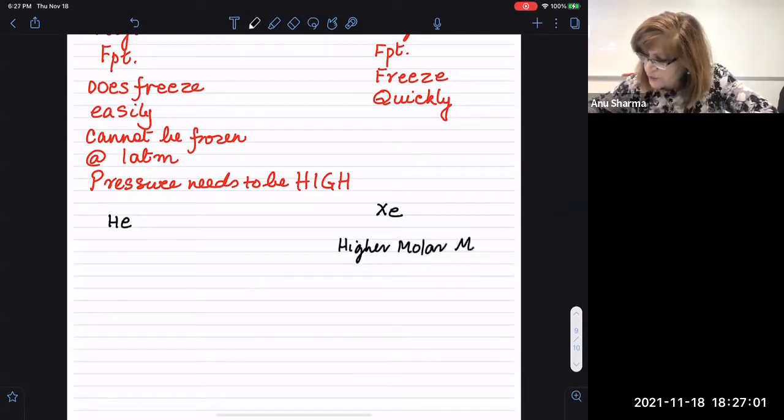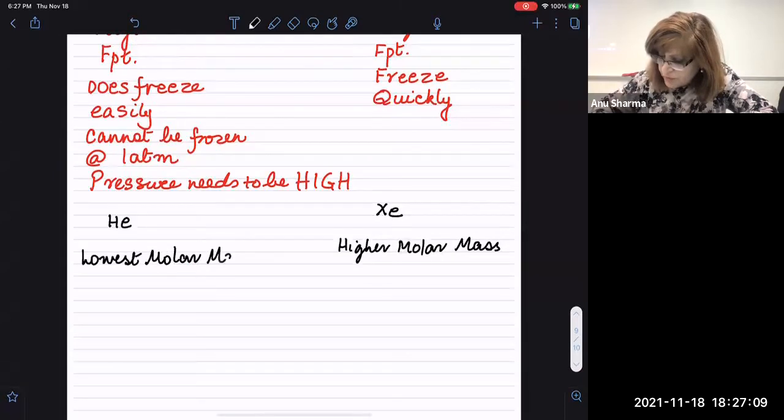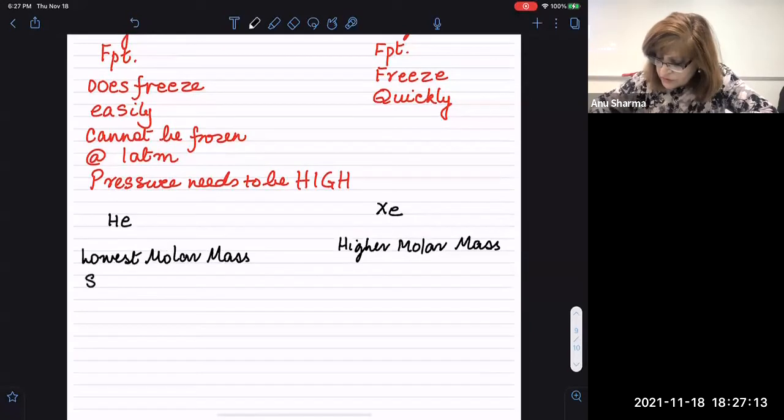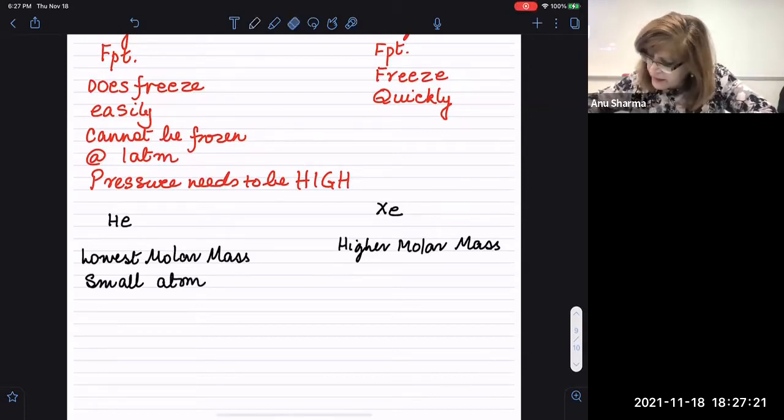Higher molar mass means what? Heavier. Helium is the lowest molar mass. So when we talk about molar mass, we say this is a small atom. And xenon, in comparison, is a big atom.